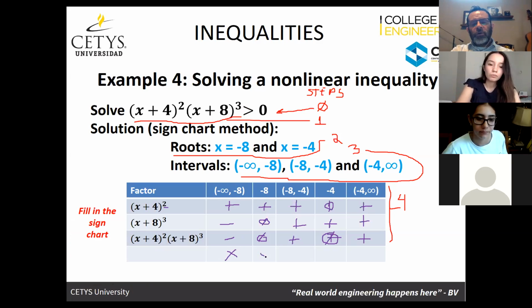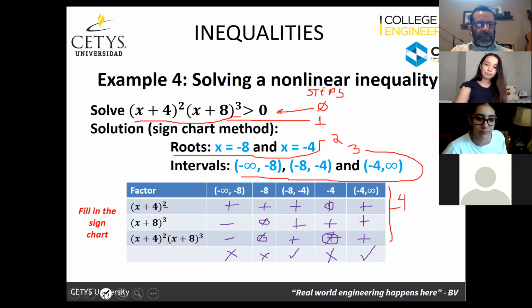No. Why? Because it doesn't say equal here. Correct. Is the interval minus 8 to minus 4 part of the solution? Yes. Is minus 4 part of the solution? No, because it isn't equal. Is minus 4 to infinity part of the solution? Yes. Correct. Thank you very much, Enya.